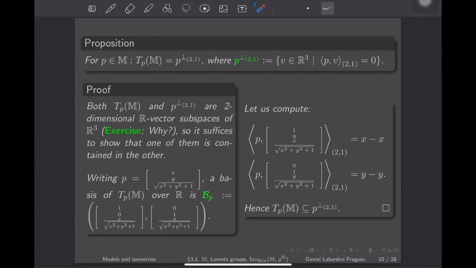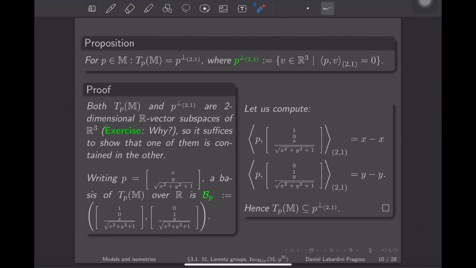Then I know that this is a basis of the tangent plane. Or if you want, it can be an exercise from calculus: I give you this point in the graph of a function, and then compute the tangent plane. You can compute it by exhibiting a basis. That's what I just did. So this is really an exercise from calculus.